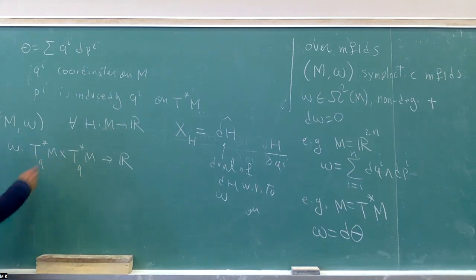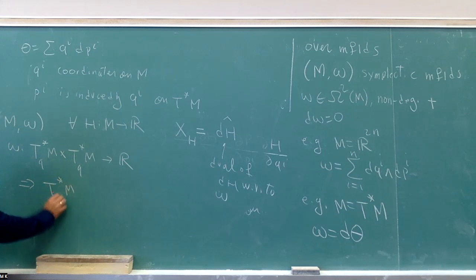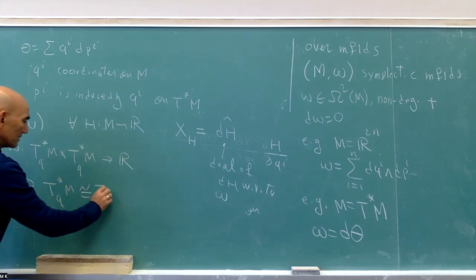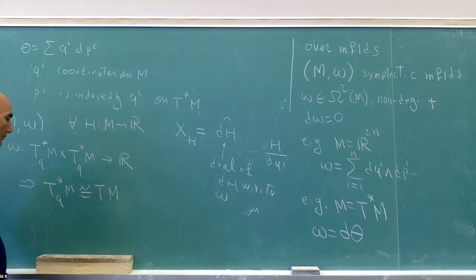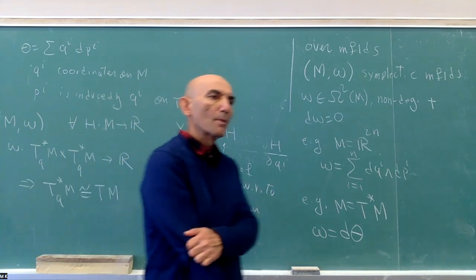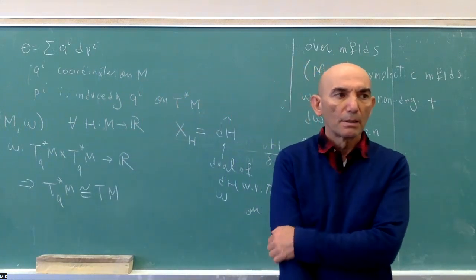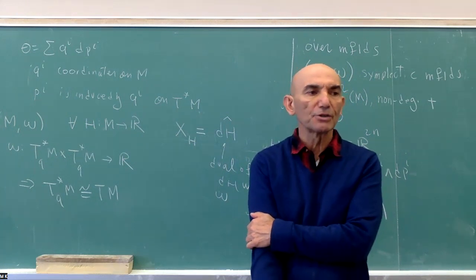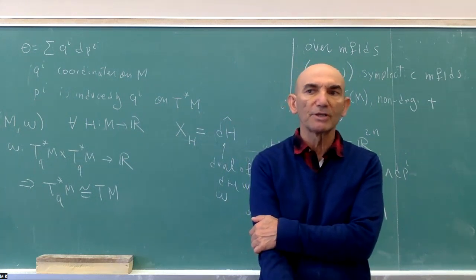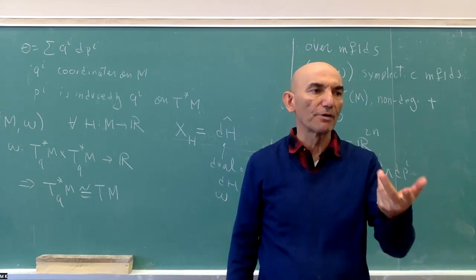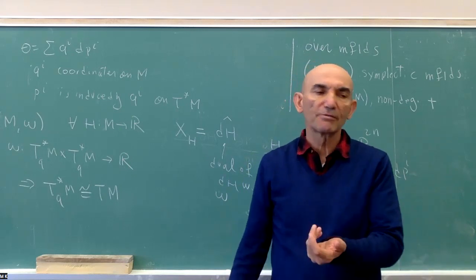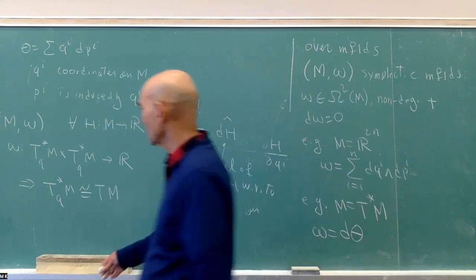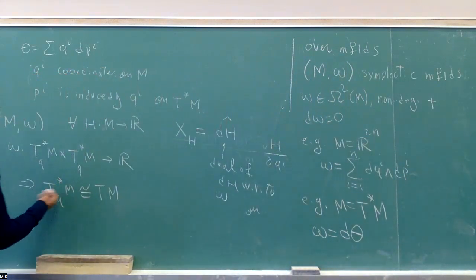You get a canonical isomorphism from T*M to TM. Maybe you have seen in differential geometry that the Riemannian metric identifies vectors and covectors. This is the symplectic version of that. Because it's non-degenerate, you can always do that.